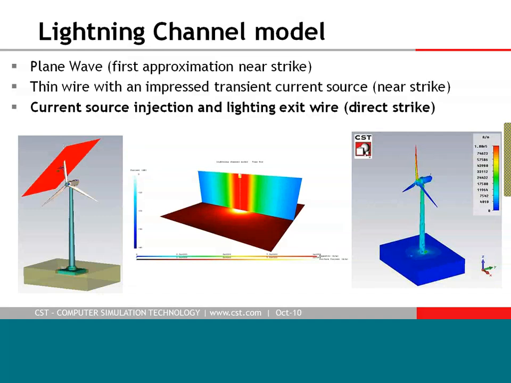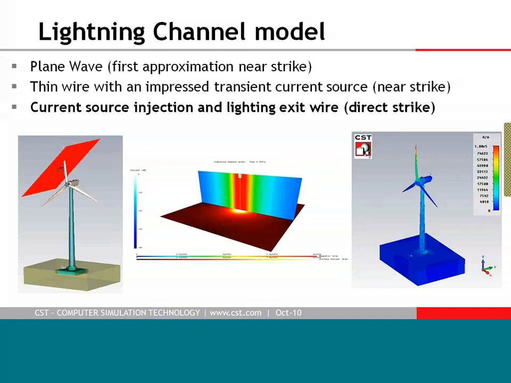We might first start with a plane wave, which could be a nice first approximation of a near strike. A second, maybe a bit more detailed, is the use of a thin wire with impressed transient current inside to simulate a near strike.